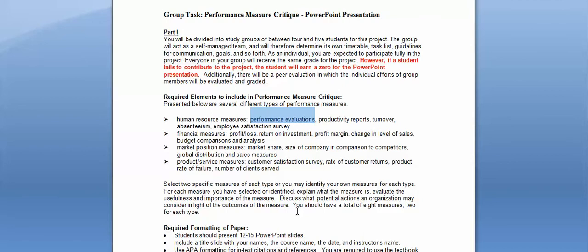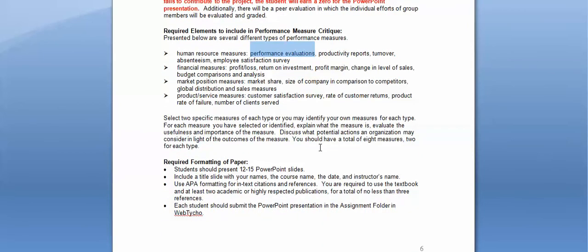And then what you'll do is spend some time talking about the potential actions an organization could consider in light of the outcome of a measure. In the case of a performance evaluation, you may say that a negative performance evaluation would mean that as an organization, you may need to look at training your people to make sure that they understand what is expected of them and what they should be doing.